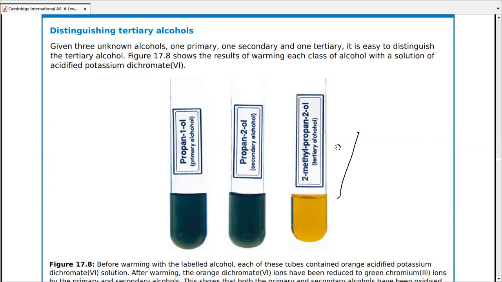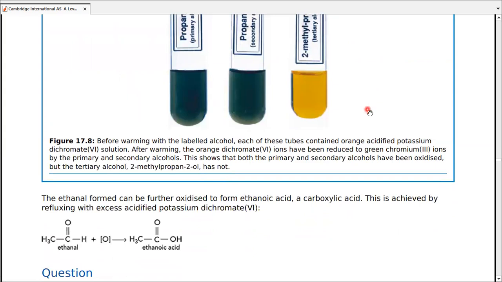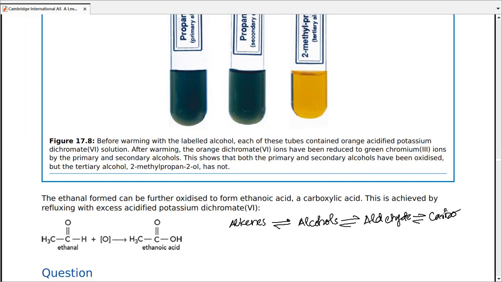Okay. And remember, since we know that the oxidation is pretty much a cyclic process among these homologous series, a few of them that we discussed, starting all the way from alkenes. I hope you remembered that when we used alkenes and we oxidized them into alcohol, and now we know we can oxidize an alcohol into an aldehyde and an aldehyde into a carboxylic acid.